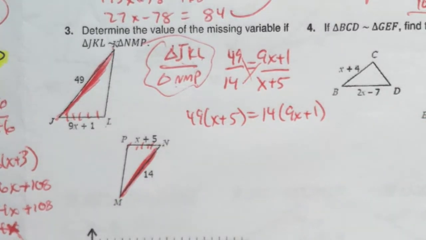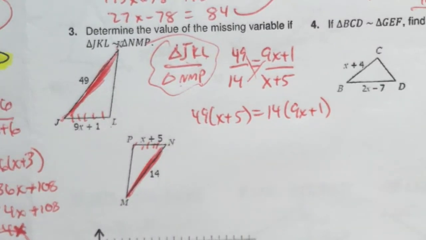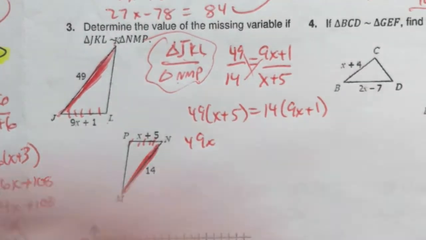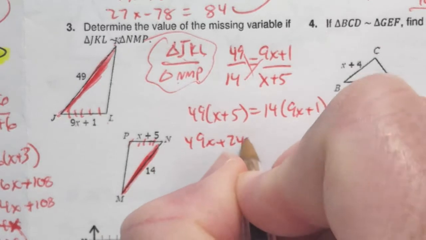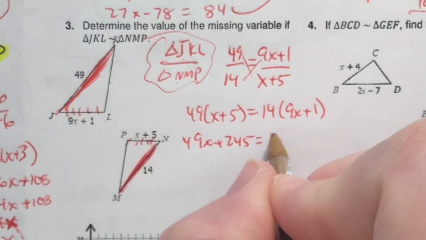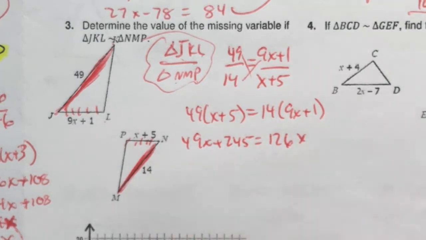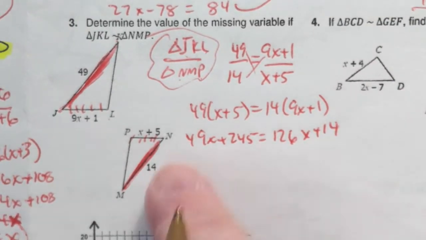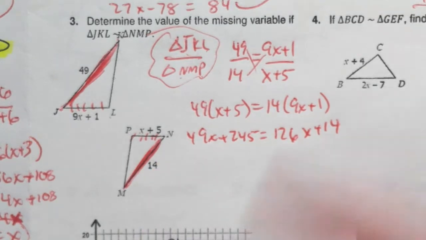All right, so distribute. 49 times x is 49x. 49 times 5 is 245 equals 14 times 9 is 126x plus 14. Okay, I'm gonna subtract x.